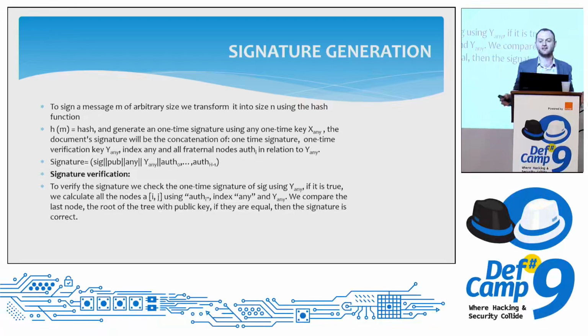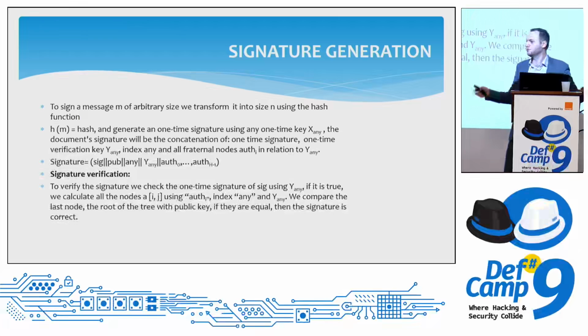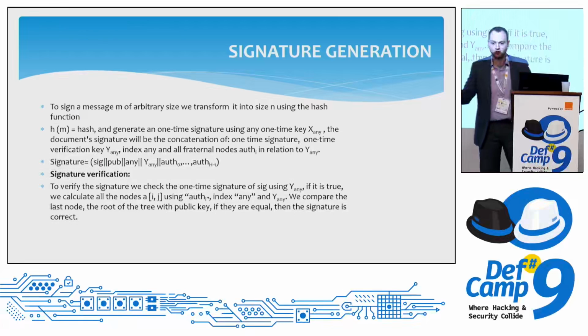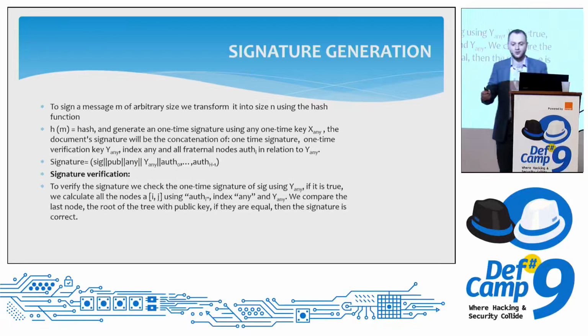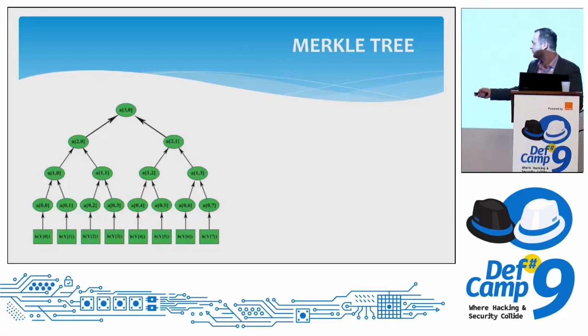How do I verify the signature? First of all, I verify the one-time signature. It doesn't matter which one we use, Lamport or Winternitz. Yes, we know how to verify both of them. And afterwards, I have the AOSes. Look, guys, I have the AOSes. So I calculate the hash of it. I know AOS.